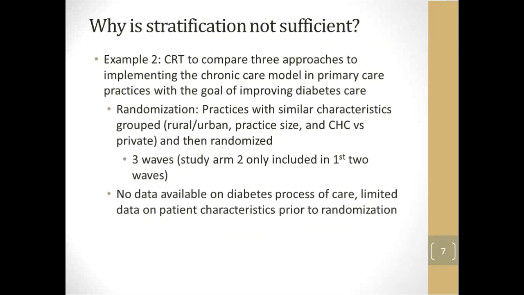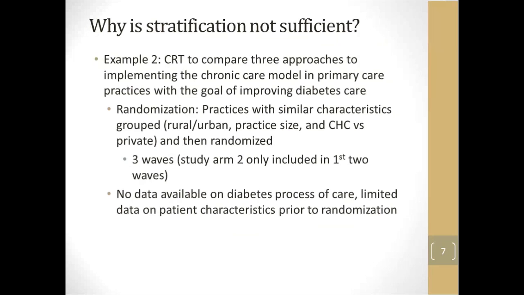Now, example 2 is a study that we're just now completing, an NIDDK-funded study to compare 3 approaches to implementing the chronic care model in primary care practices with the goal of improving diabetes care. Randomization was at the practice level. We used a stratified approach.